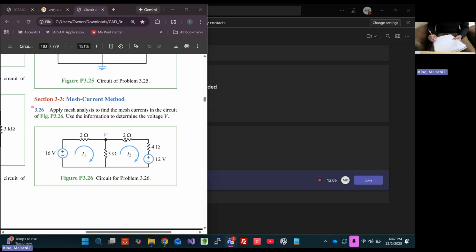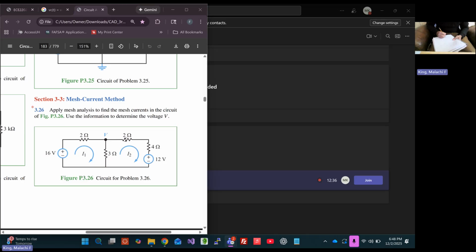Minus 96 minus 36, minus 132 volts equals 0.